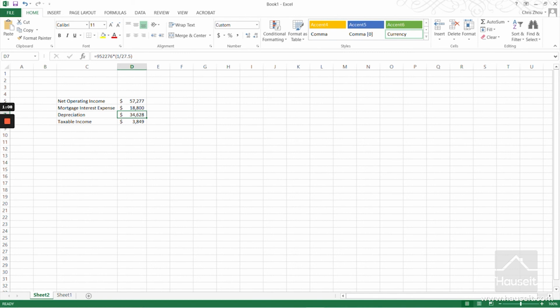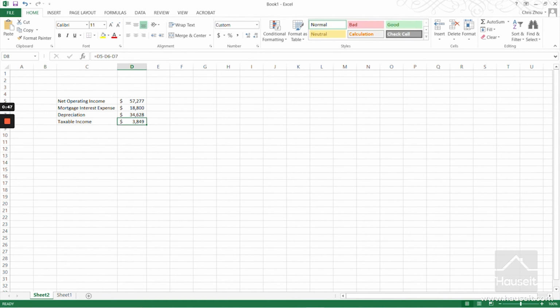So most accountants, or all accountants we've spoken with rather, have said that you should technically just depreciate 1 over 27.5 and give full credit for the depreciation. So anyway, speak with your accountant. Again, this is not accounting advice, but assuming you decide to do that, that's the depreciation expense.